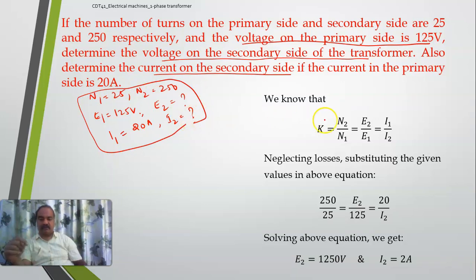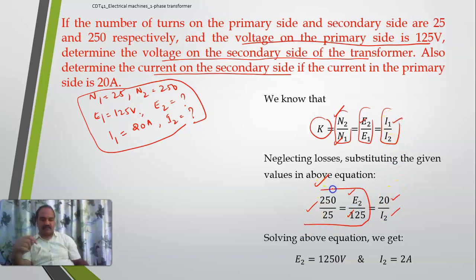We have already seen the transformation ratio. K is equal to N2 by N1, which is equal to E2 by E1, and I1 by I2. So N2 is given as 250, N1 is 25, E2 is not given, E1 is 125, I1 is given as 20, I2 is unknown. Now I'll take these two. E2 is equal to 250 into 125 by 25. 25 ones are 25, 25 tens are 250, I'll get 1250 volts.